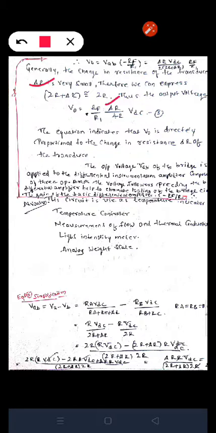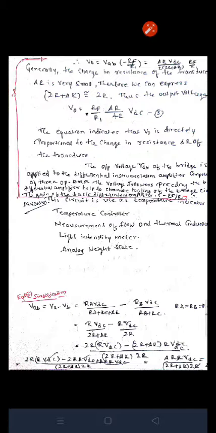Thus the output voltage simplifies to Rf by R1 into delta R by 4R into VDC. Call this equation number 3. The equation indicates that the output voltage V0 is directly proportional to the change in resistance delta R of the transducer. In this way our instrumentation amplifier can be studied using a transducer bridge.